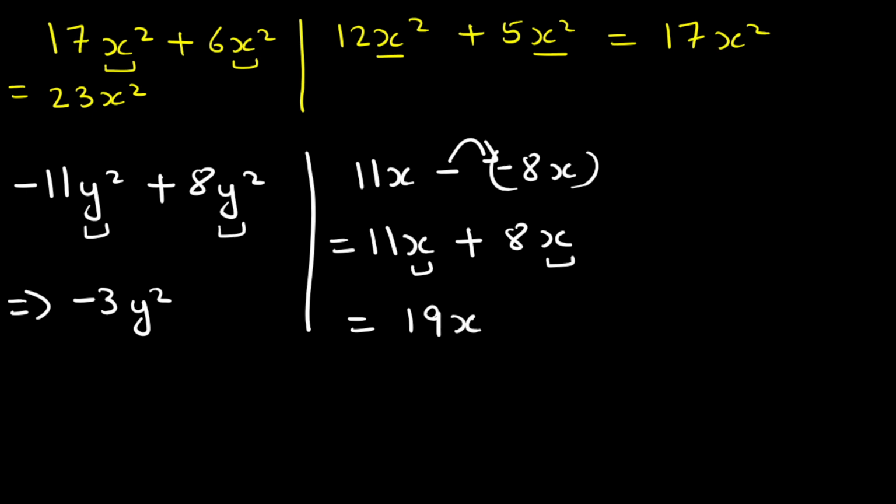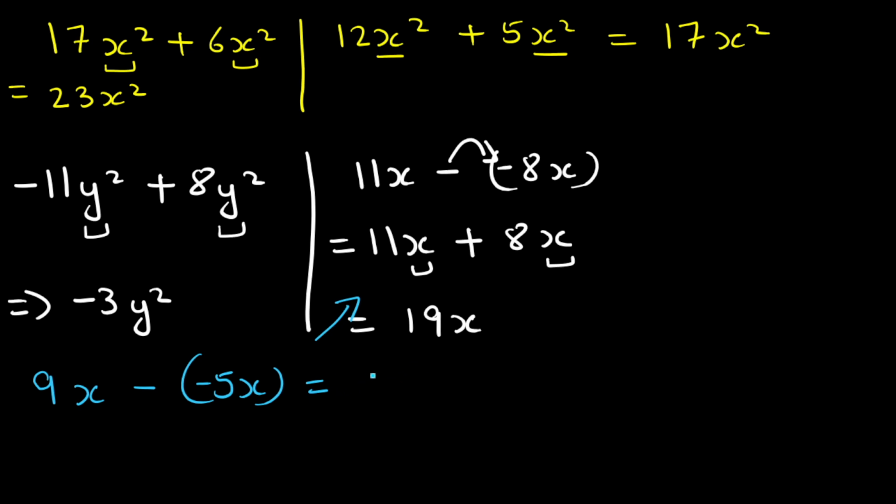Let's take a look at one last problem before we go and solve some complex problems. So we have again a subtraction of polynomials, 9x minus negative 5x in the parentheses. It is similar to this problem. If you want to try, you can go ahead and pause the video and try to solve the problem by yourself.